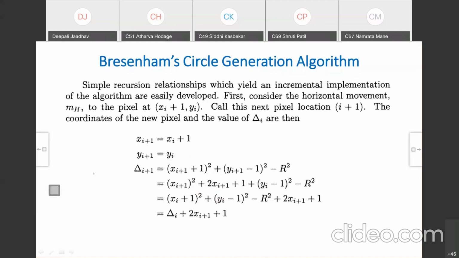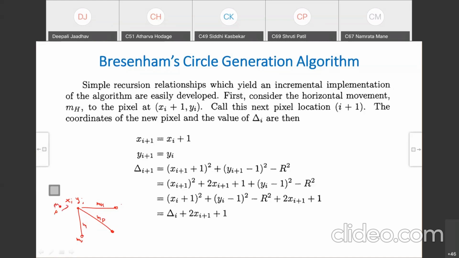Now see here, xi yi is the first point that is on the circle. The next point we select is horizontally this one, or diagonally this one, or vertically this one. So what do we call it normally? It is the ith point on the circle.